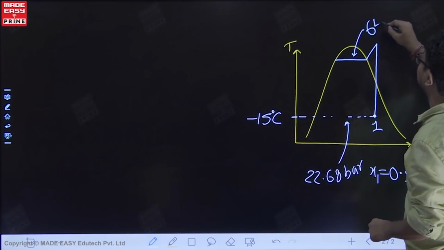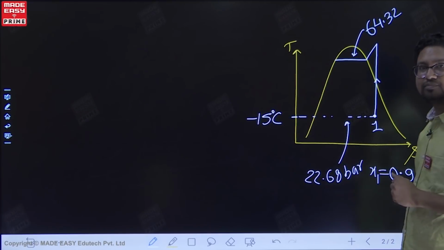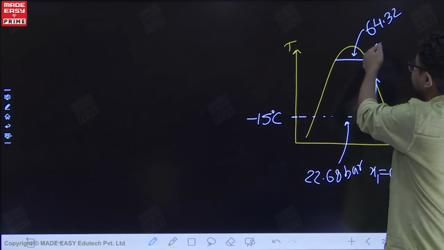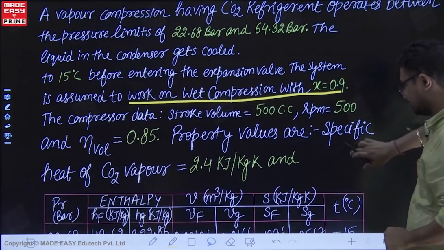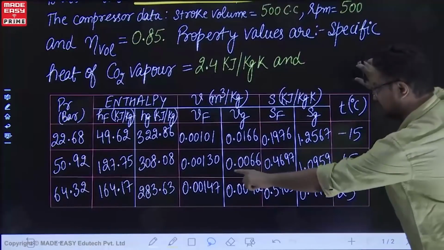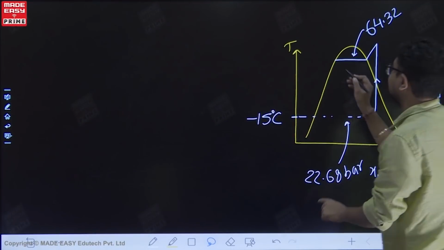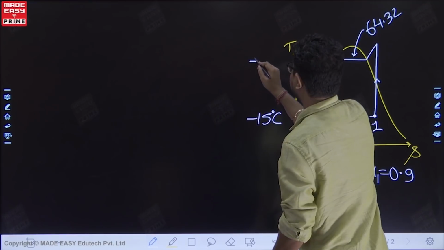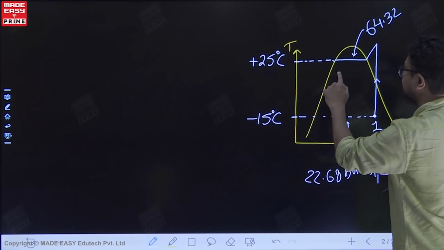So this is 64.32 bar. This is the higher pressure. Now, corresponding to this higher pressure, let us see the phase change temperature, the saturation temperature. At 64.32, phase change is at 25. Phase change takes place at plus 25 degrees Celsius. This is the phase change temperature.